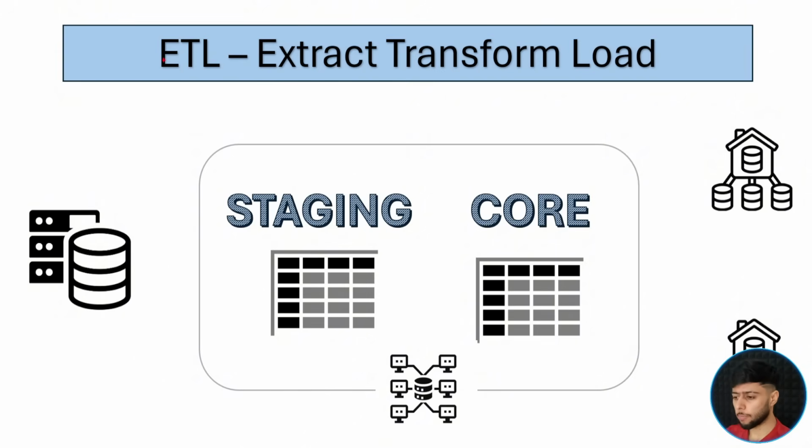So first of all, what is ETL? ETL is a process that contains three stages: extract, transform, load. Basically we perform three activities: we extract, we transform, and we load.